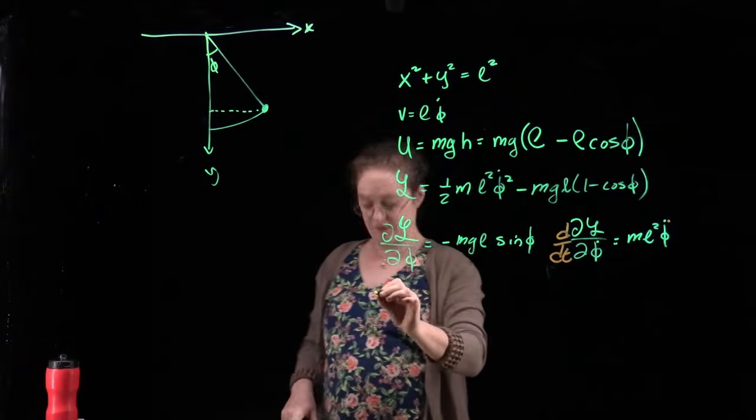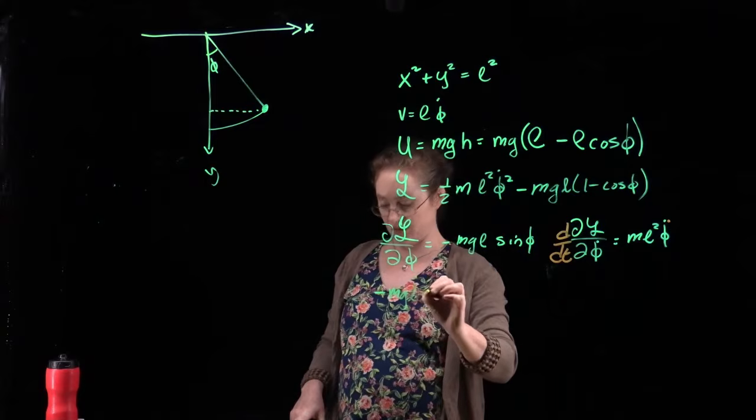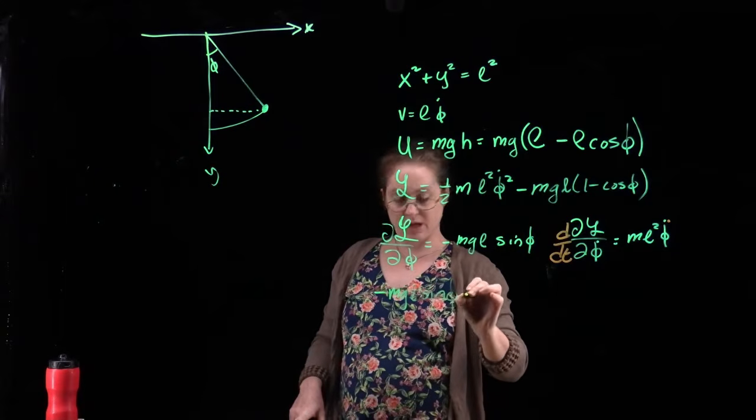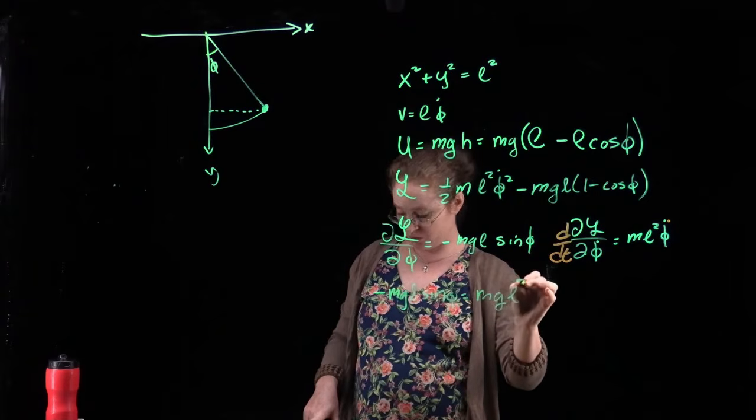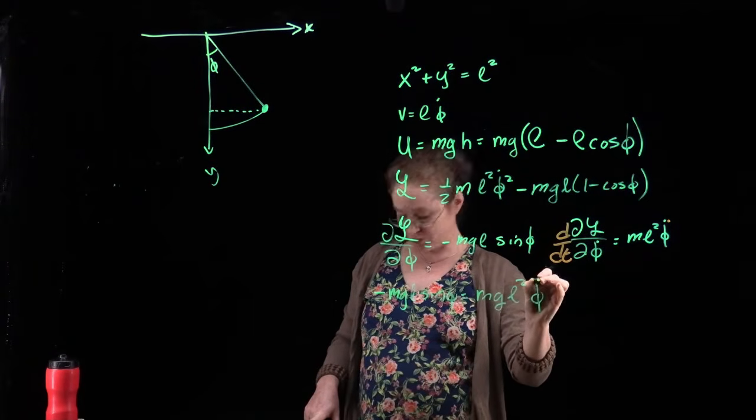So we have negative mgL sine phi equals mL squared phi double dot.